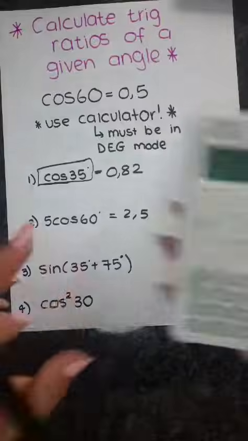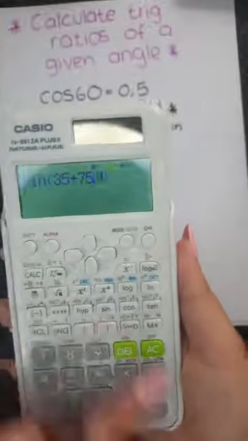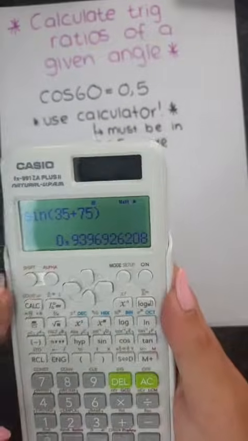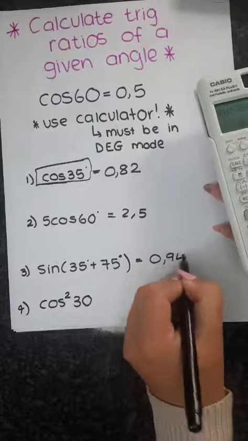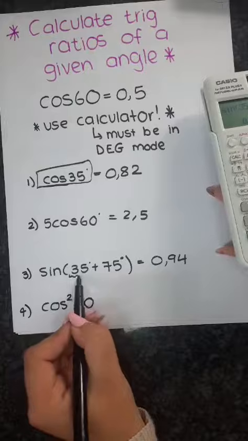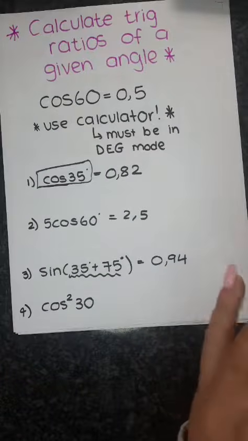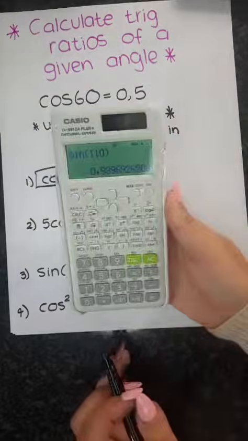Sine 35 plus 75. 0.94. That's important. Guys, I just want to make a point here. Essentially, we're first going to add these two together. 35 plus 75 is 110. So essentially, we want sine of 110. That's what we're doing there, okay?